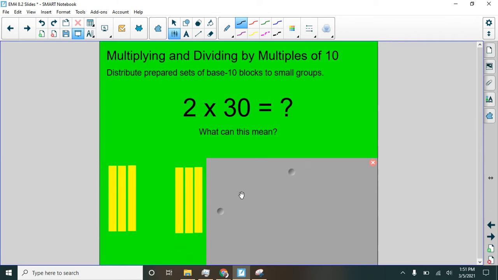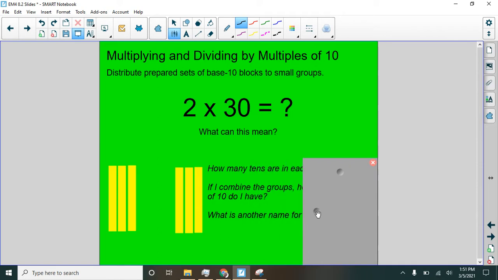Okay, what I want us to be noticing here. So let's answer some questions that go with this. How many groups of 10 are in each group? 3, not 6. We said each group. So in each one there are 3 groups of 10. 3 10s here and 3 10s here.